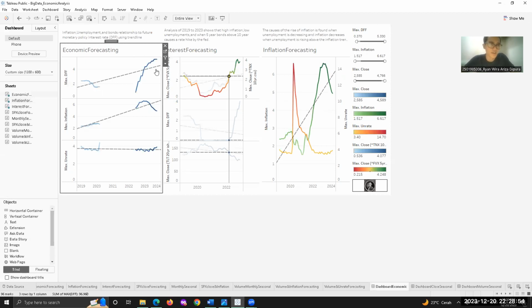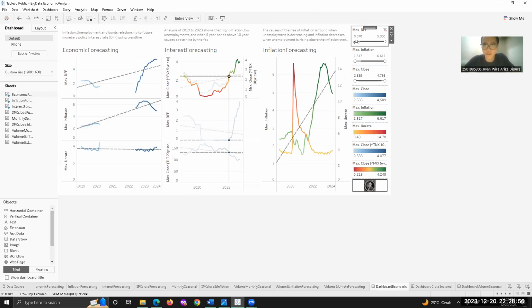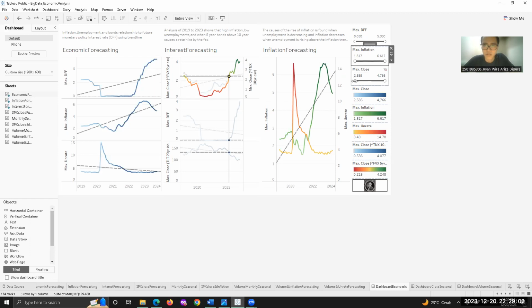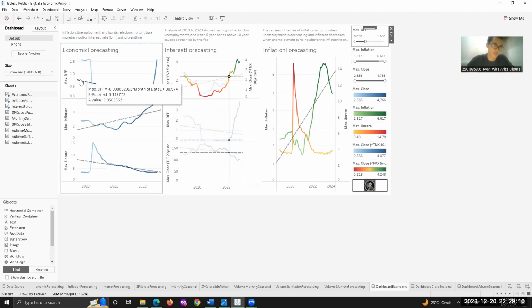So our economic forecasting, we can adjust the volume. Okay, so when we're seeing lower interest rate, like 0 to 1.6%, we usually see an increase in inflation.